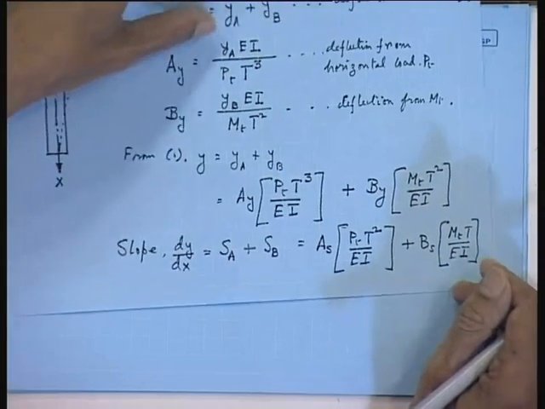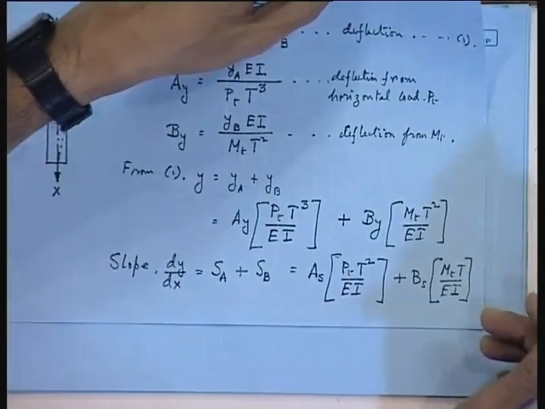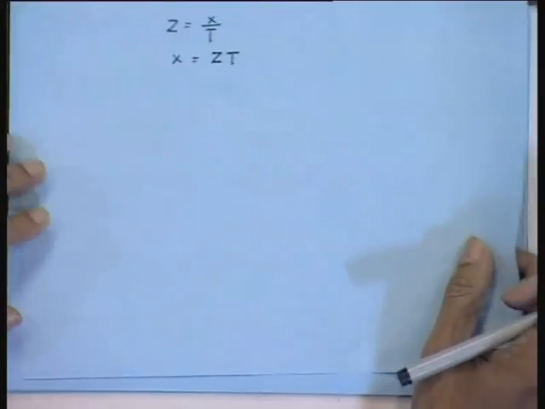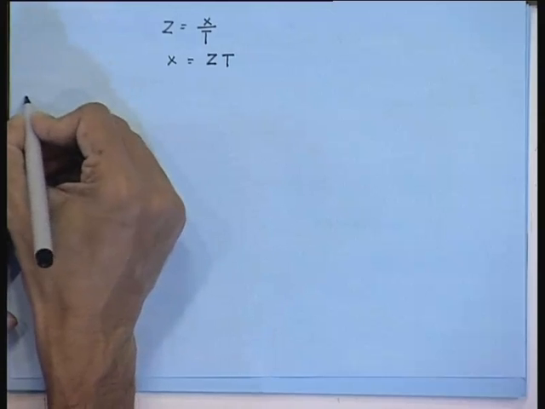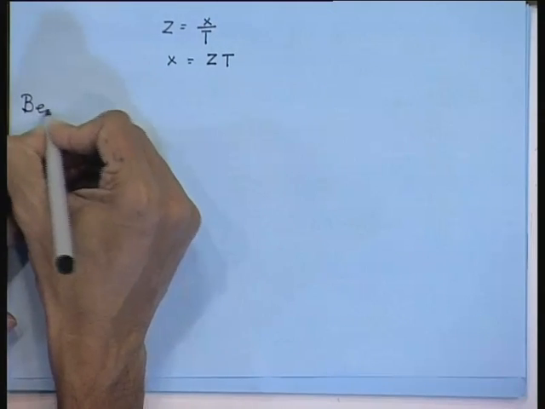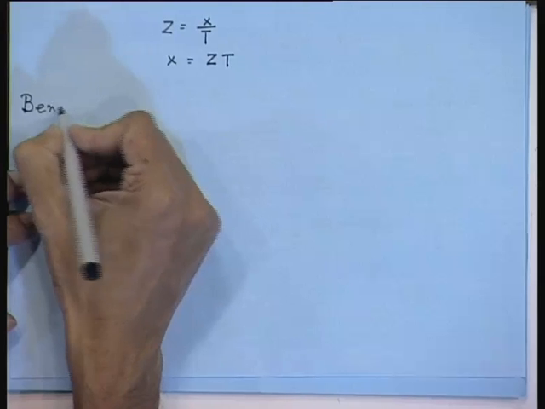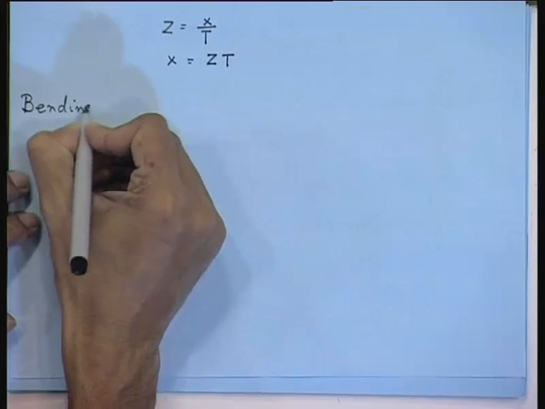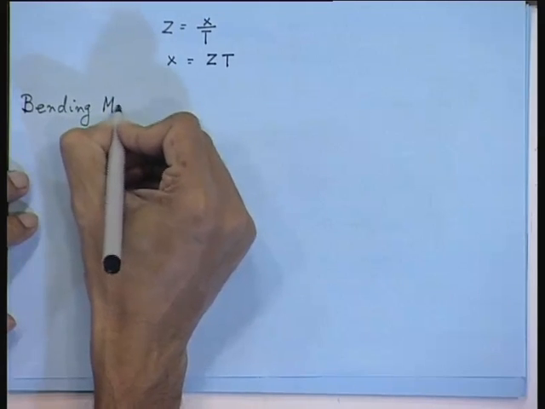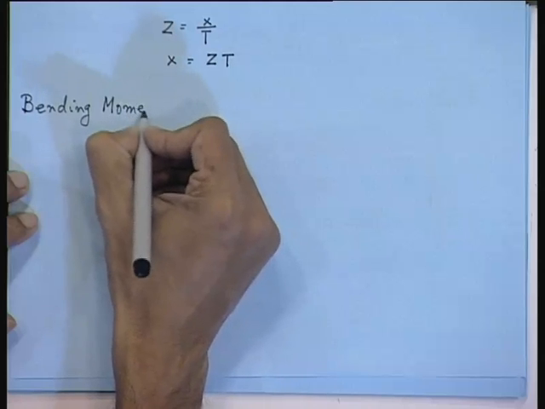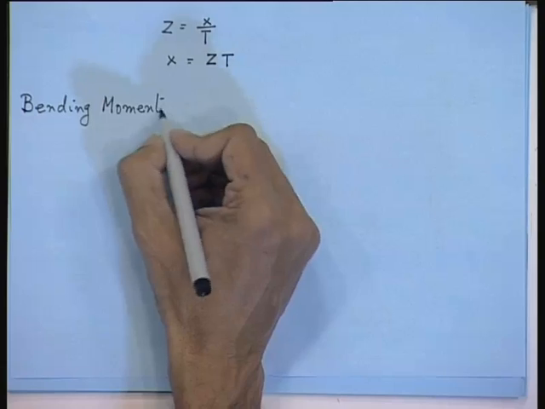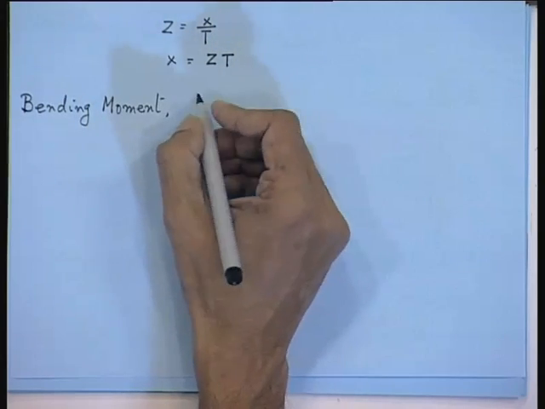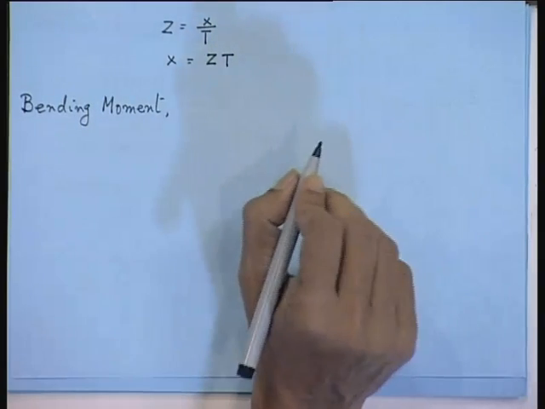Now, you find out the other terms, that is the bending moment. All these are coming from the equation for the flexural deflection of a beam.